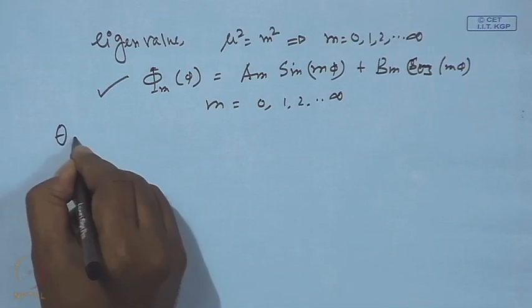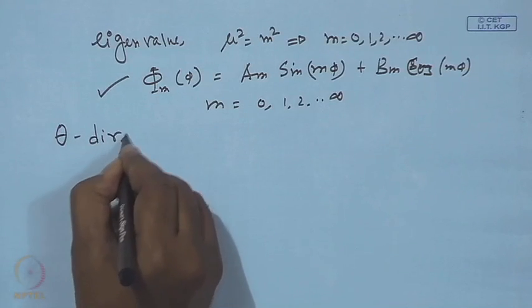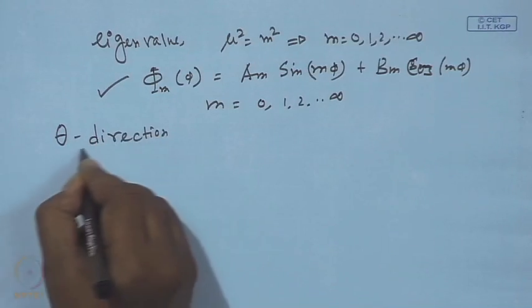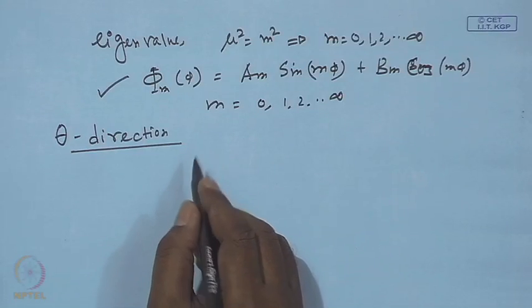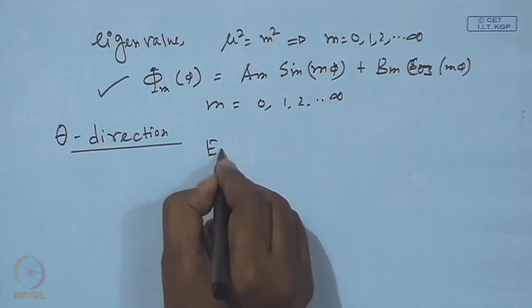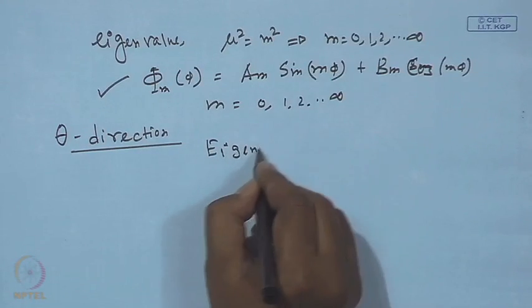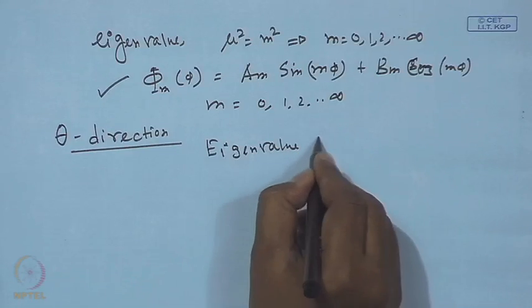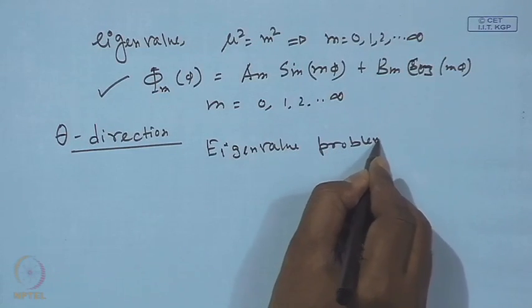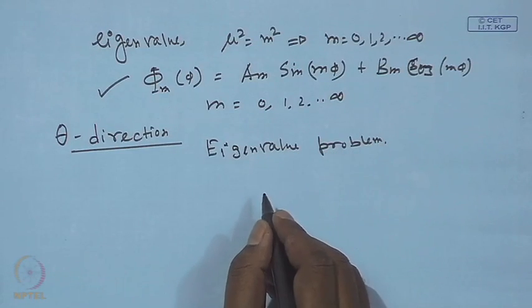Now, since we have looked into the phi direction part, let us look into the theta direction. In the theta direction, we need to have an eigenvalue problem. Therefore, we have a negative separation constant.